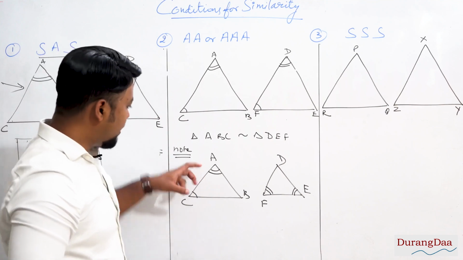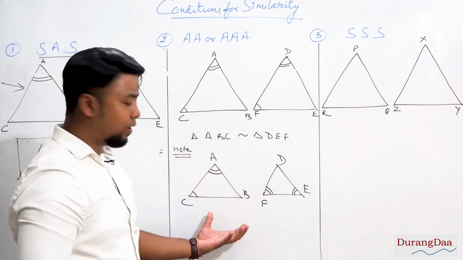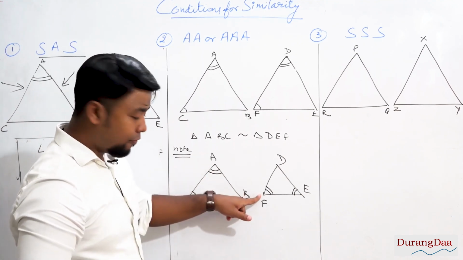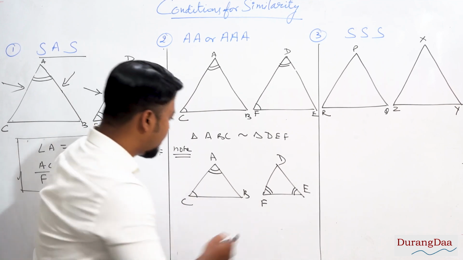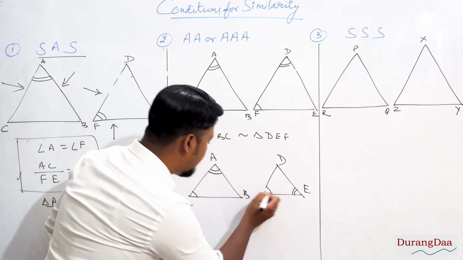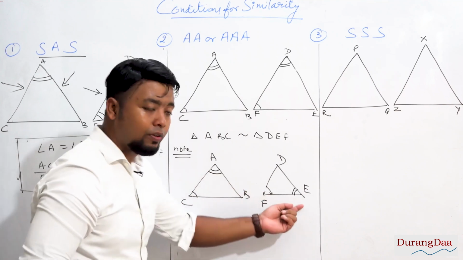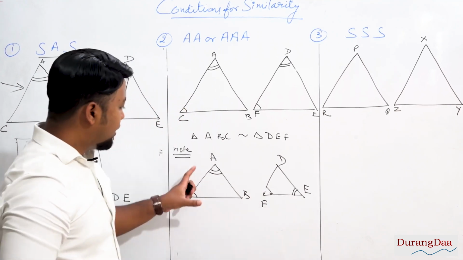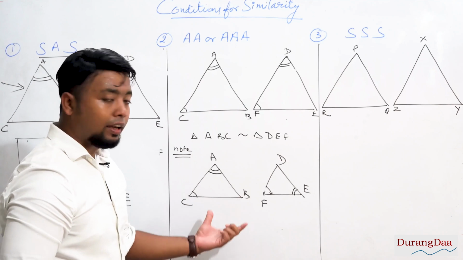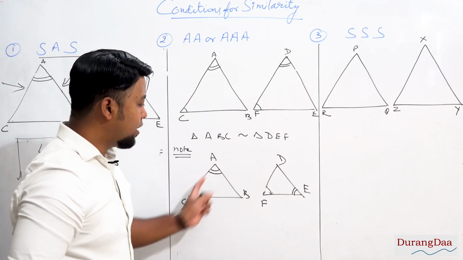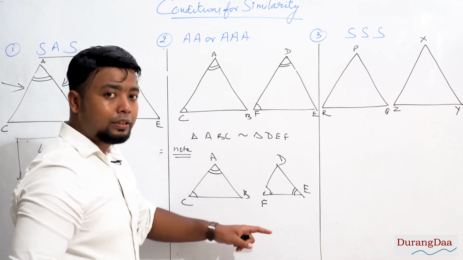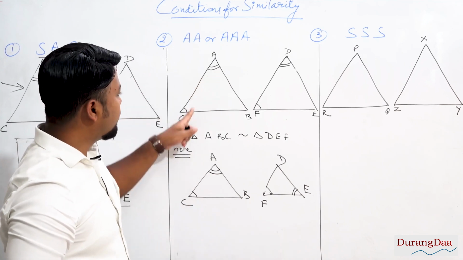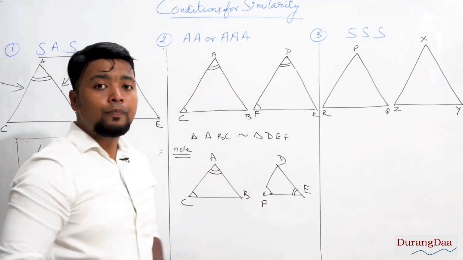Now here we are having two pairs of angles equal, angle C equal to angle F and angle A equal to angle E, but they are not the corresponding pairs of angles. Alright, so here it is not possible to prove them similar. Keep in mind, the pair of angles should be the corresponding pair of angles.